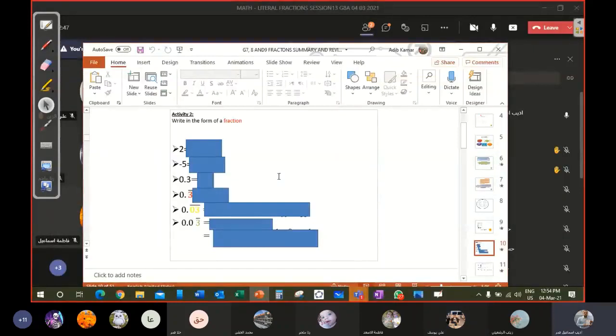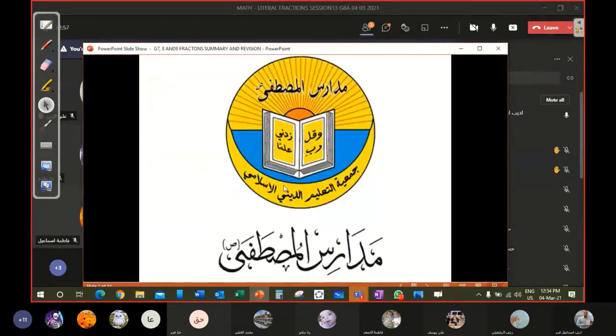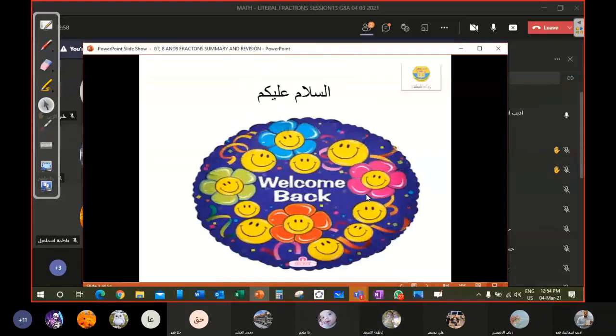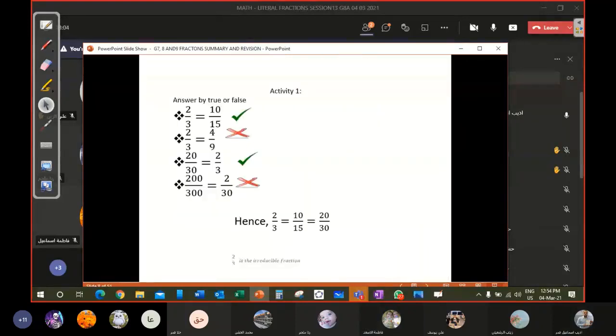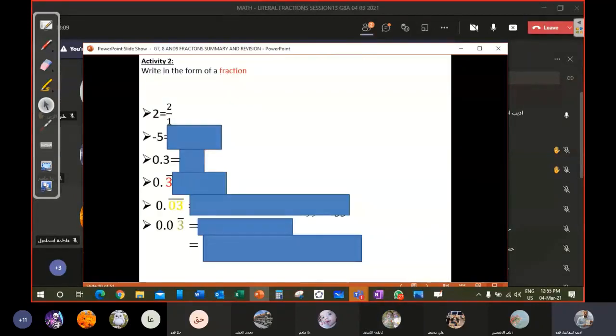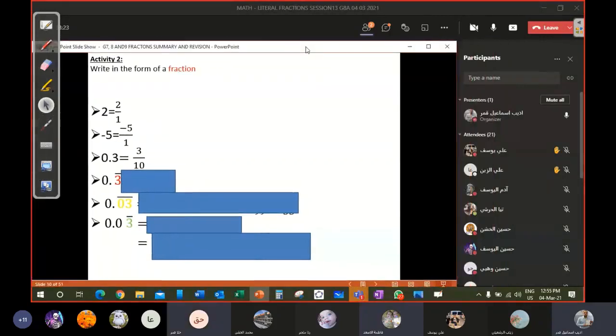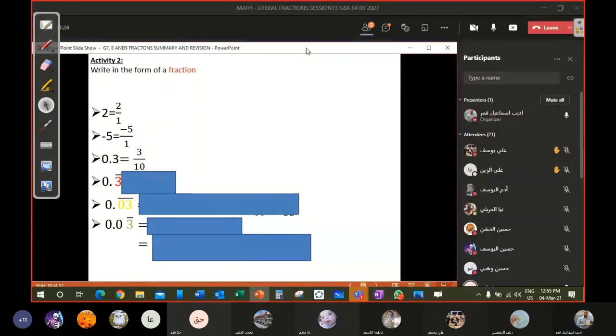Activity 2, write in the form of fraction. 2 is 2/1. -5 is -5/1. 0.3 is 3/10. 0.3 period is 3 over what? 3/9. 0.03 period is what? 3/99.